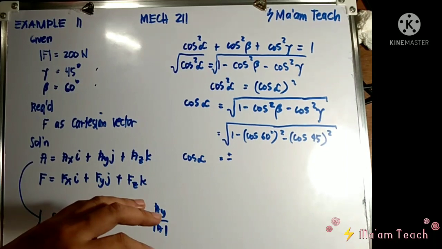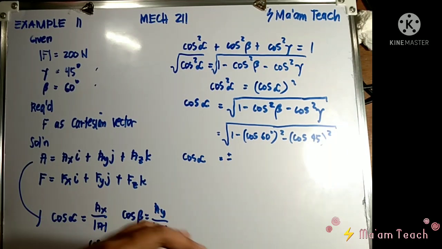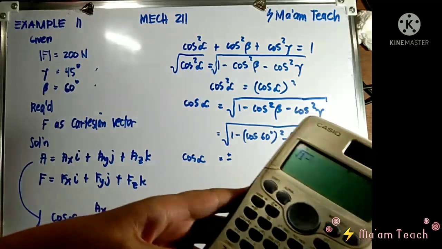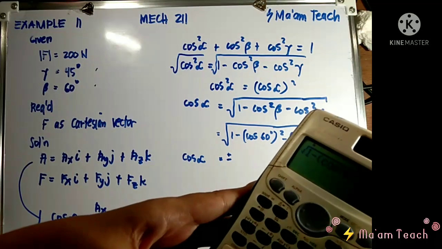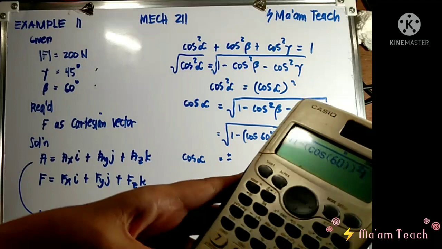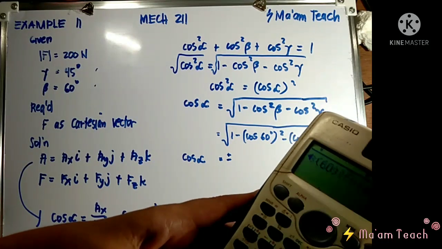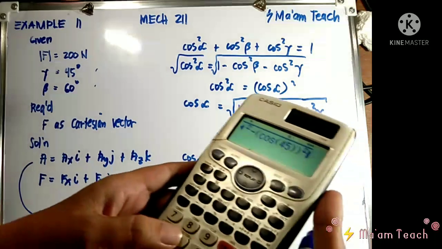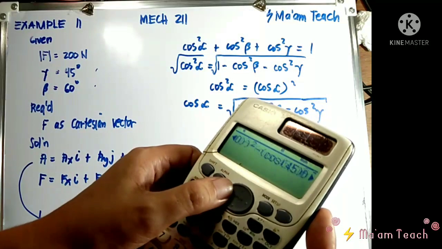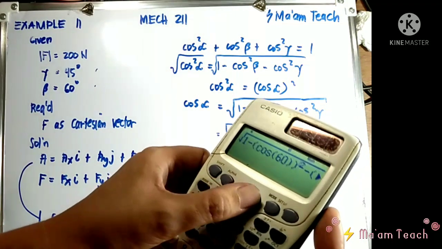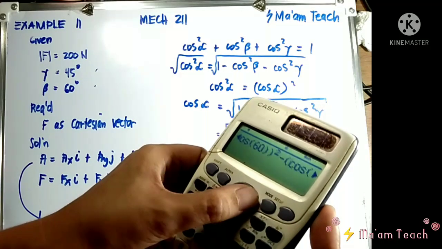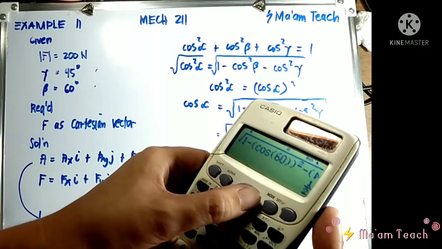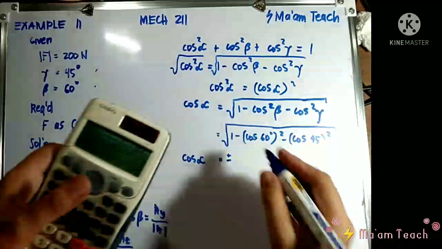Okay, using your calculator, class, square root of 1 minus cosine 60 squared, minus cosine 45 squared. Equal sign, you'll have 1/2, or that is 0.5.